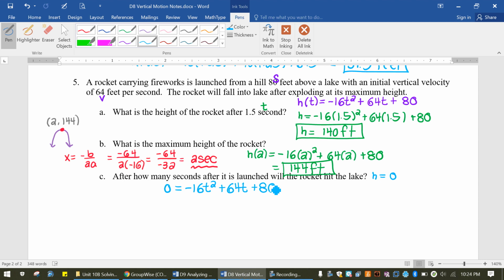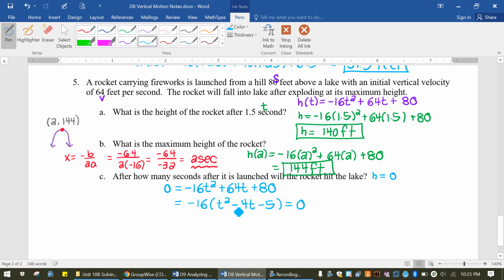If you went right to the quadratic formula, you would get the answer, you'd just have some larger numbers underneath your square root. But since I know that 16 goes into 64 and 80, I'm going to factor that out first. If I factor out a negative 16, I'm left with t squared minus 4t. I have a positive 64 over a negative 16, so that's negative 4t, minus a 5.